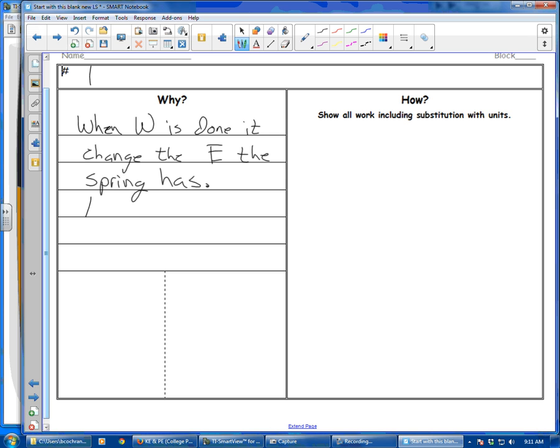So, in this case, the work changes the potential energy elastic of the spring.